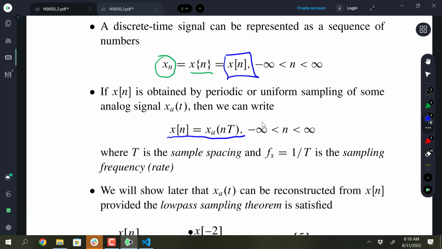One of the things that I've said all these years that I've taught this class, that I use to remember, and maybe is the reason why the authors chose this notation, is that the parenthesis for the continuous time signal is smooth, so it's like it's continuous because it's got curvature to it. And the discrete time signal is a square bracket, meaning that it's got sharp edges on it, but that's not strictly the case.